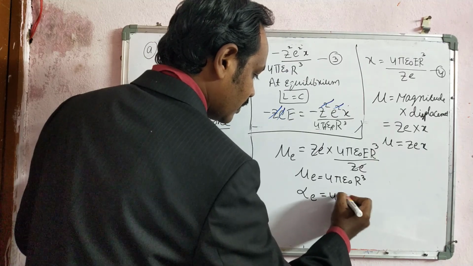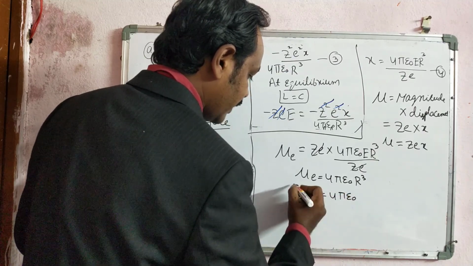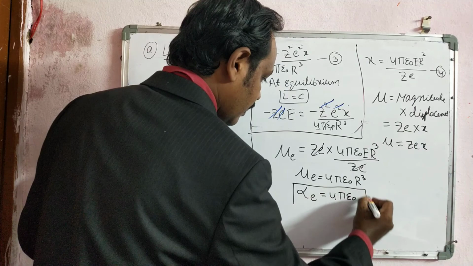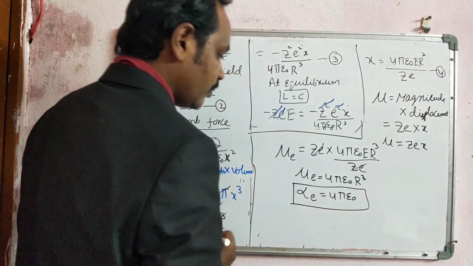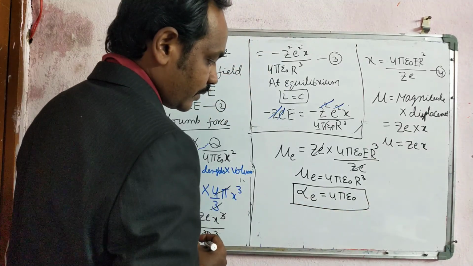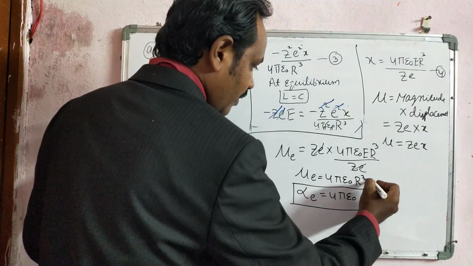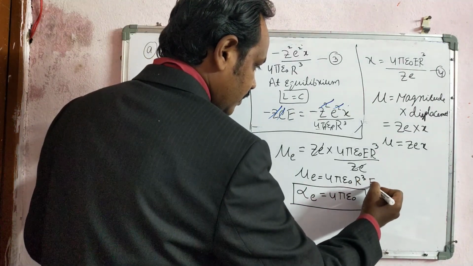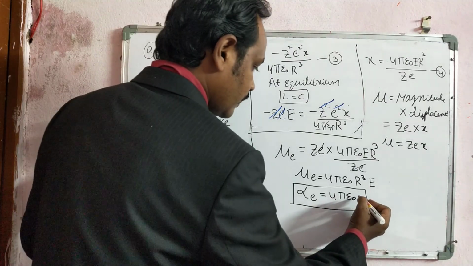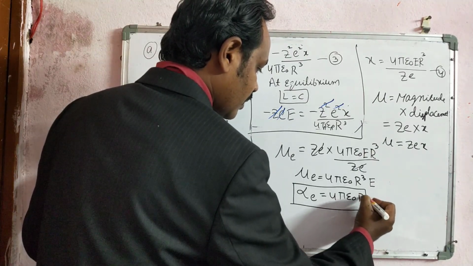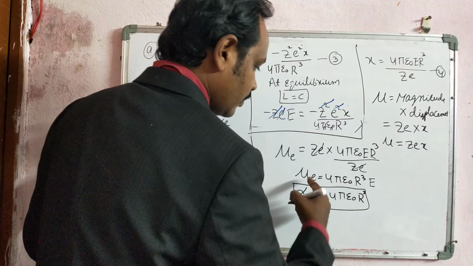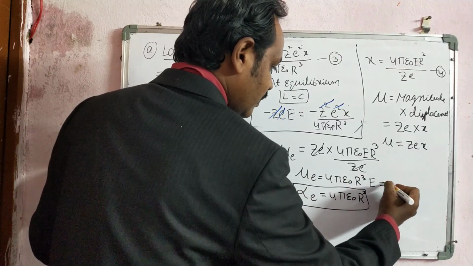Now I have taken alpha e as that constant, which constant? 4 pi epsilon naught r cube. So alpha e equals 4 pi epsilon naught r cube, and then I place E here. So this is known as electronic polarizability.